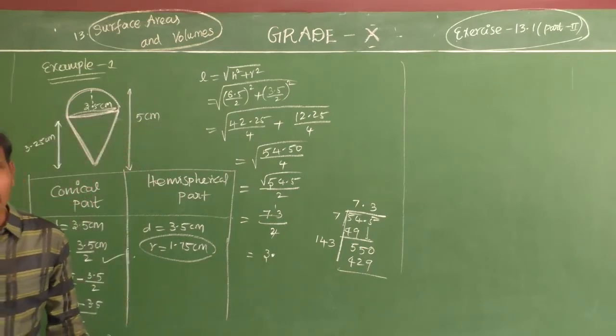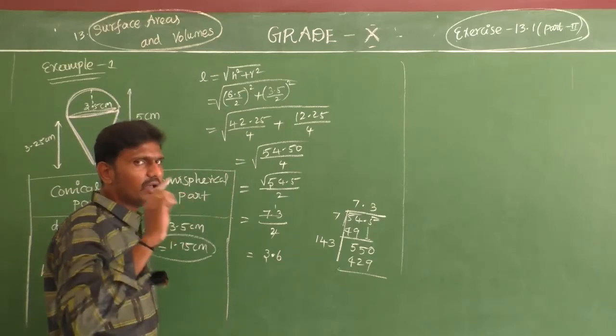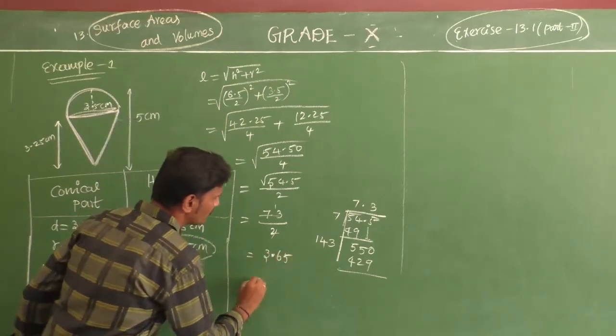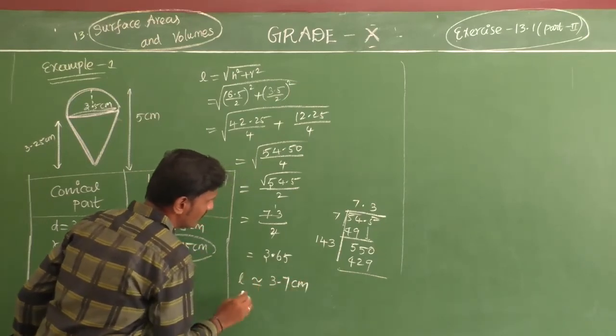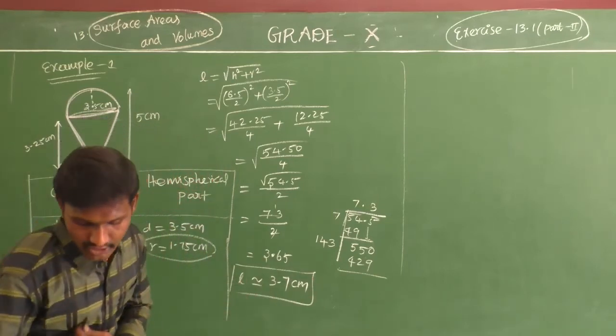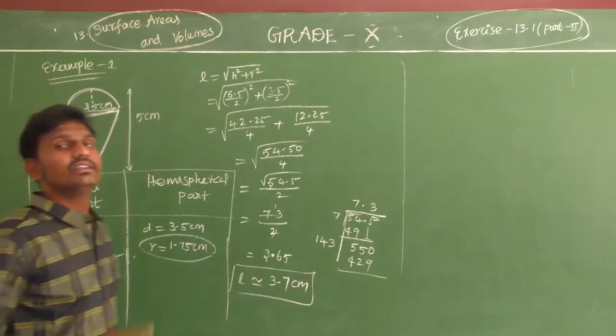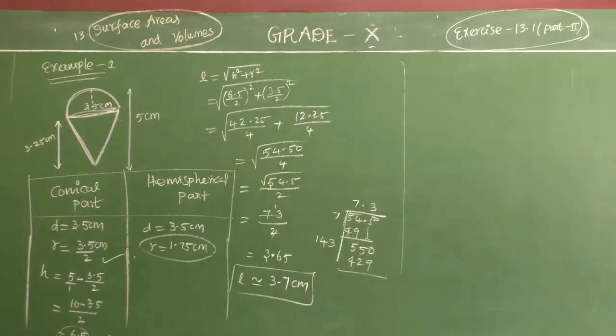What is the multiple of 2? 6 2s are 12, remainder 1. So 65. So approximately I am taking the slant height equal to 3.7 centimeter. Okay. Now we got the values of radius, height, and the slant height also.